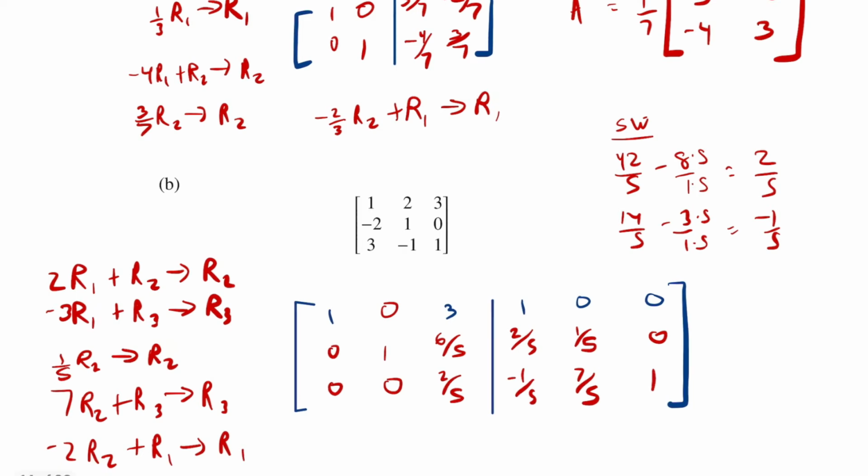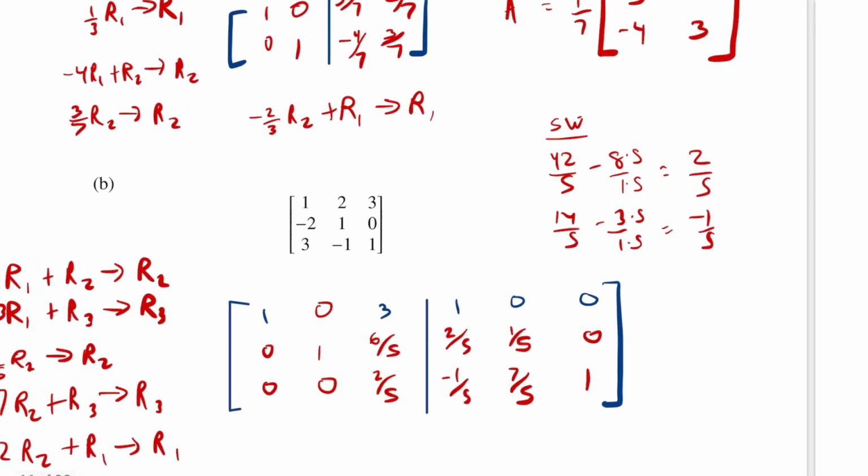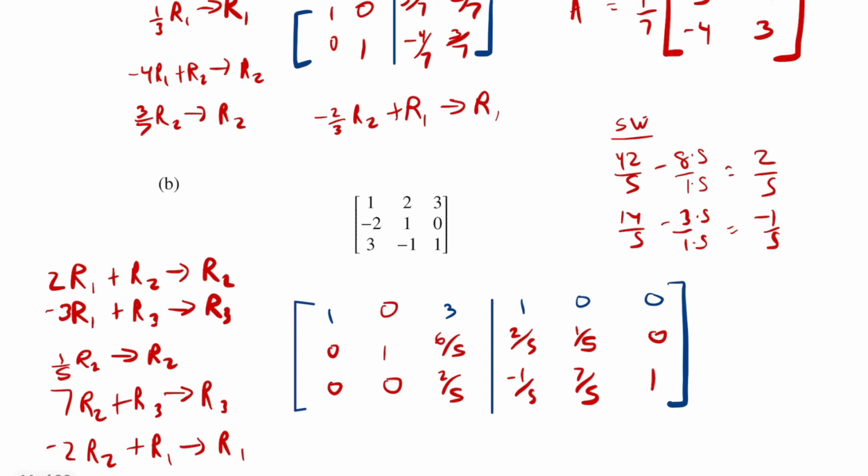So -2 times 6/5 is -12/5 plus 3 is going to be 3/5. All right, next one's going to be -2 times 2/5 is -4/5 plus 1. Well, that's the same thing as 5 over 5. That's going to be 1/5.